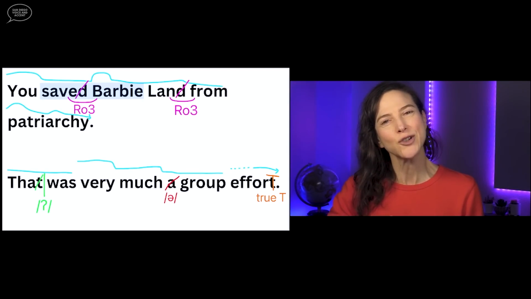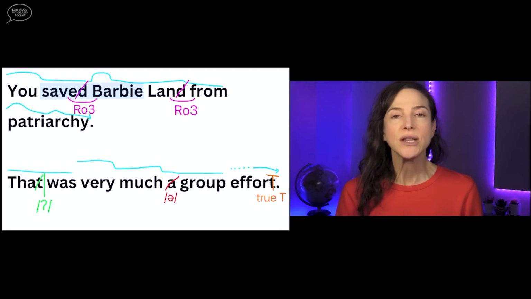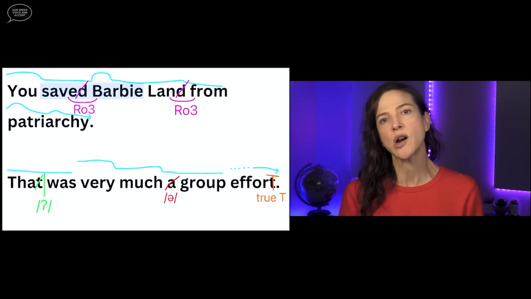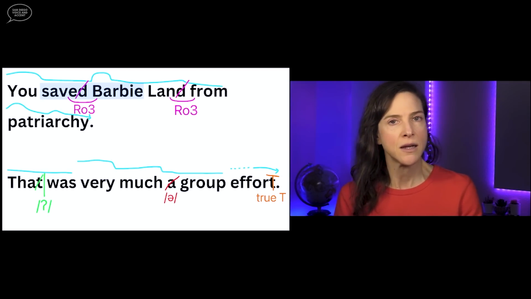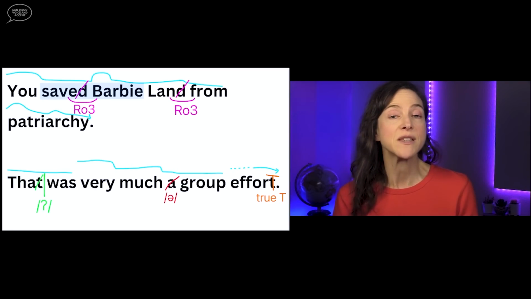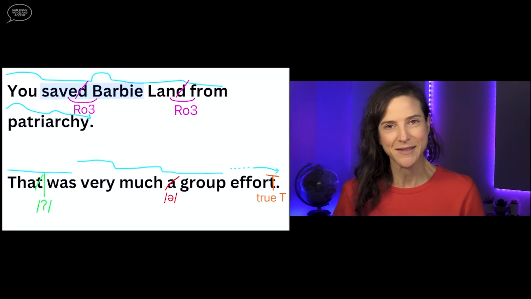All right, so it's a little tricky. It's only possible when the rule of 3 can be applied. So she links that phrase and it sounds like, you save Barbie land. She didn't say, you saved Barbie land. When you're speaking with a normal rate and a normal intonation, it sometimes is very natural to drop that ED ending when the rule of 3 applies.